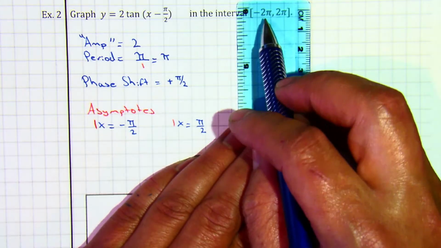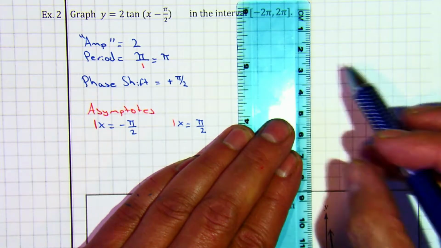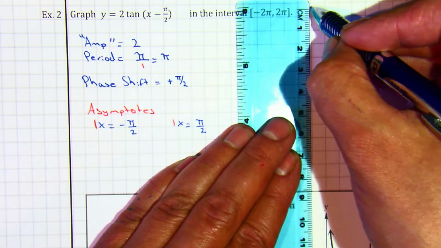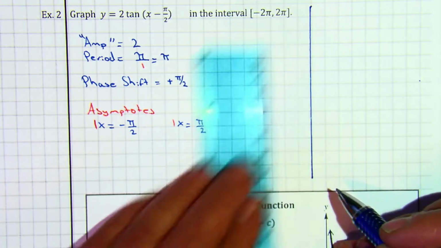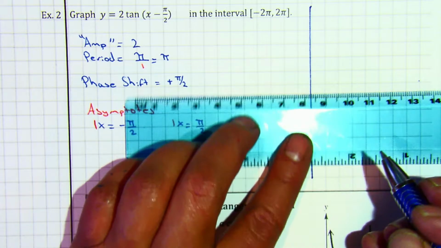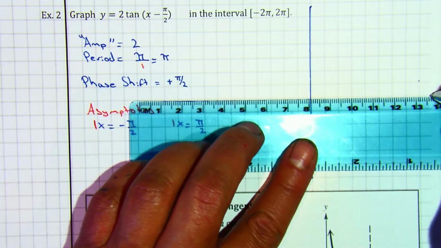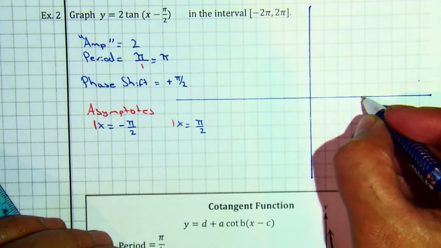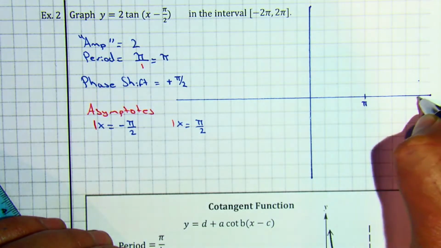I need from negative 2 pi to 2 pi. So 2, 4, 6, 8. This should be sufficient. No vertical shift, so I can just place my x-axis here. So 2, 4 will be pi. 2, 4 will be 2 pi.